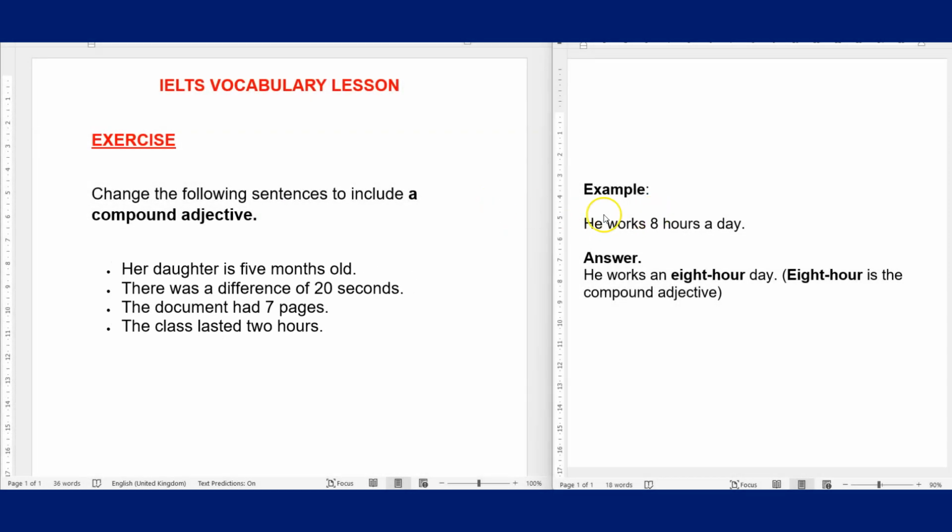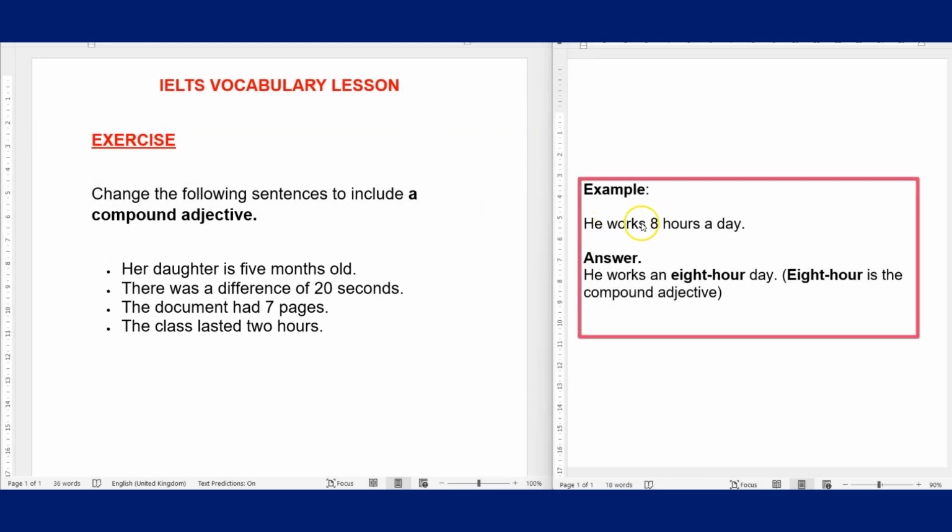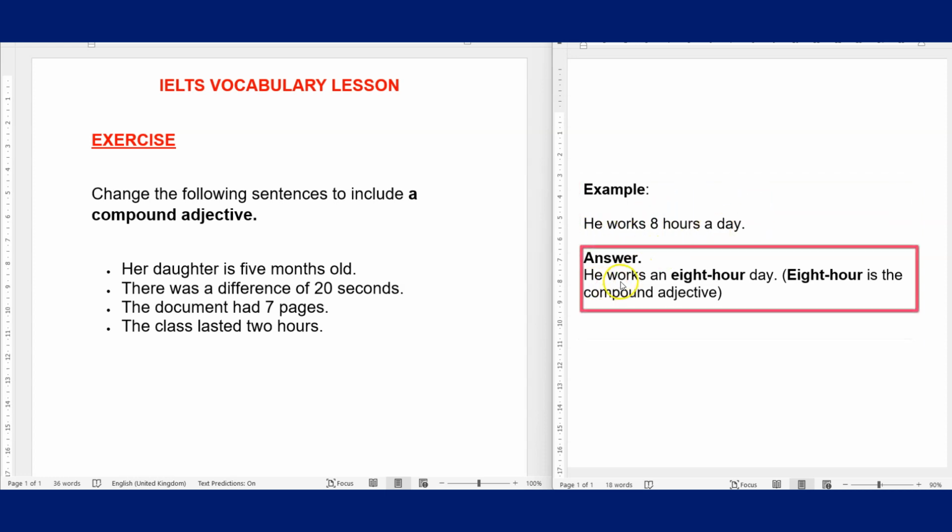So let's look at an example. He works 8 hours a day. That's the sentence. You're going to include a compound adjective by finding a way to change some of these words. He works 8 hours a day can be changed into he works an 8-hour day.